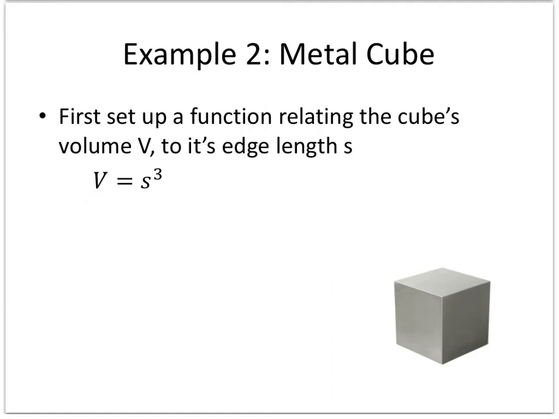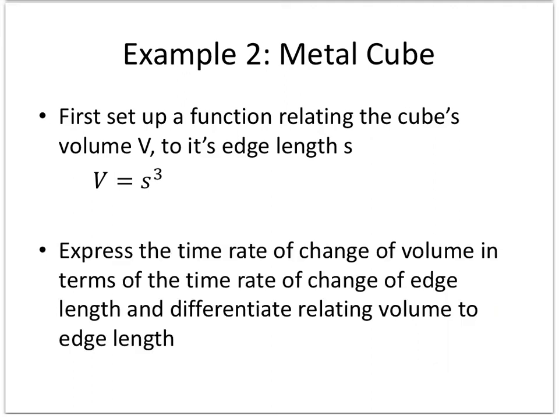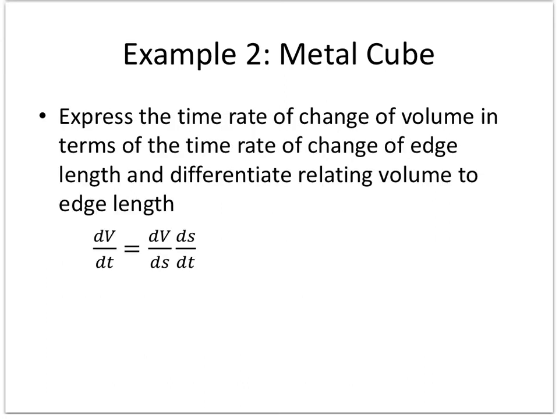This, I think most of y'all know this one, but this one I probably would have given you. If it's not related to pre-cal, I probably would have given you this. And what I want to do is express this as a rate. So in other words, the time rate of the change in volume in terms of the time rate of the change in edge length, and then differentiate and plug in. So my change in volume over the change in time.